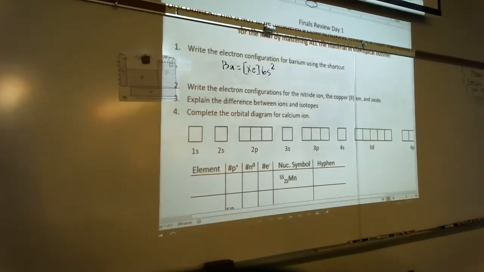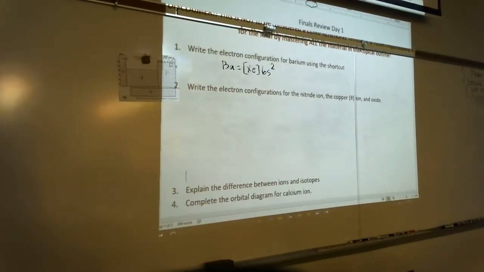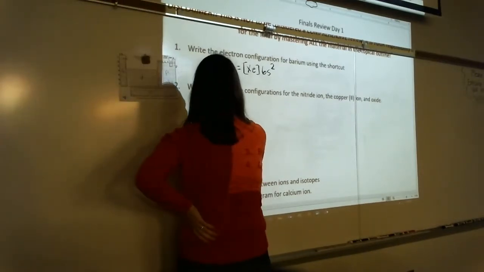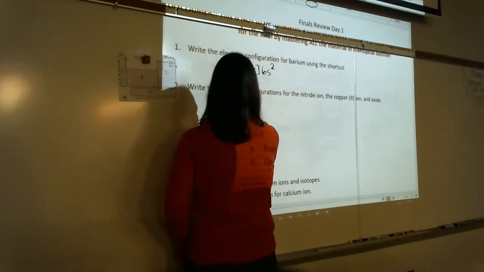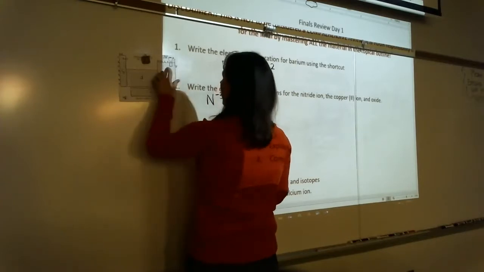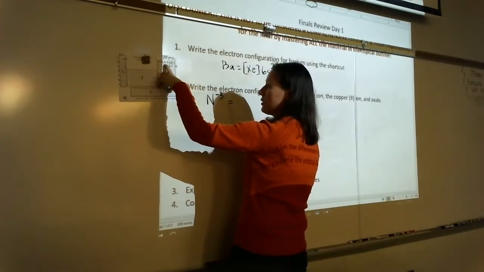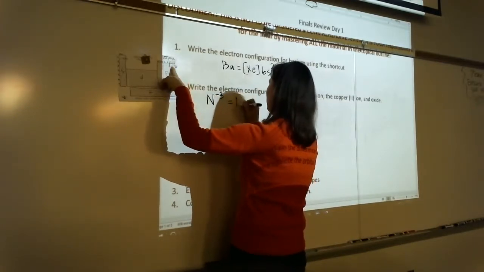So for instance, in number 2, I don't specify. I just say write the electron configurations. So that means you could pick either one you want. So nitride ion is nitrogen with what charge? N3-. So how many electrons does that have? Nitrogen normally has 7 electrons. So nitride has how many? 10.